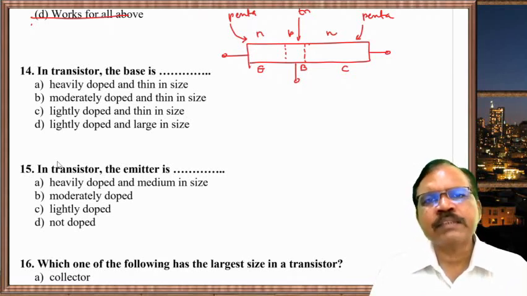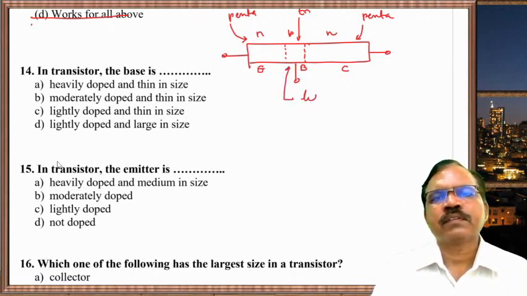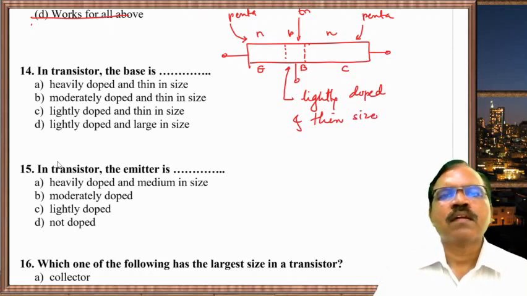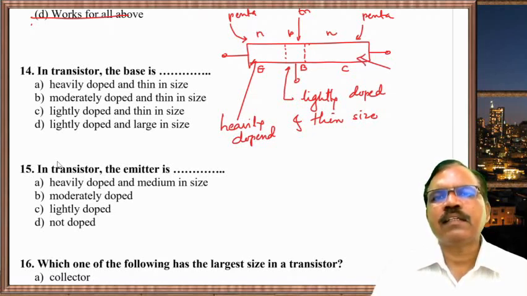Now this base is lightly doped and thin in size. This is heavily doped and moderate in size, and this is moderately doped collector.